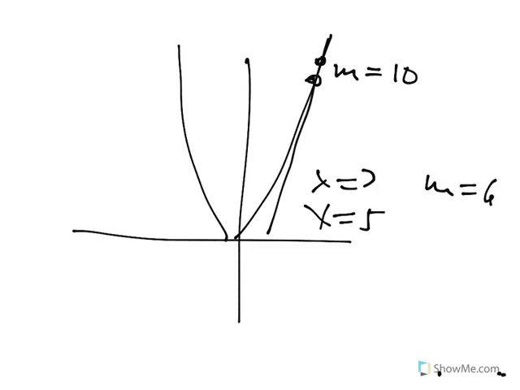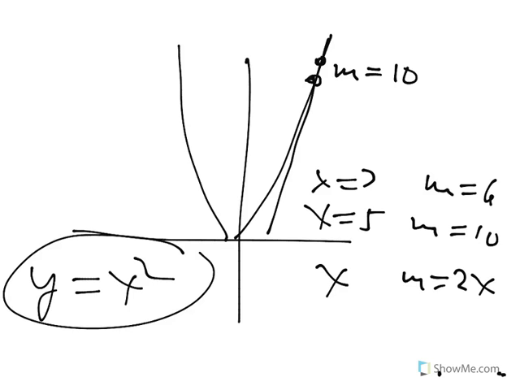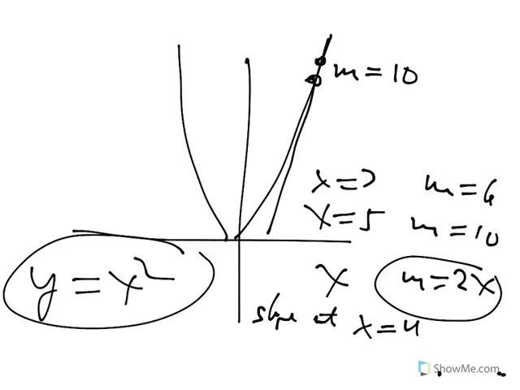When x equals 5, the slope is close to 10. It suggests that whatever x is, the slope's going to be double, at least for the parabola y equals x squared. And this is true. So if I want to know what's the slope at x equals 4, according to this, the slope is going to be 8. That's just for the parabola y equals x squared.